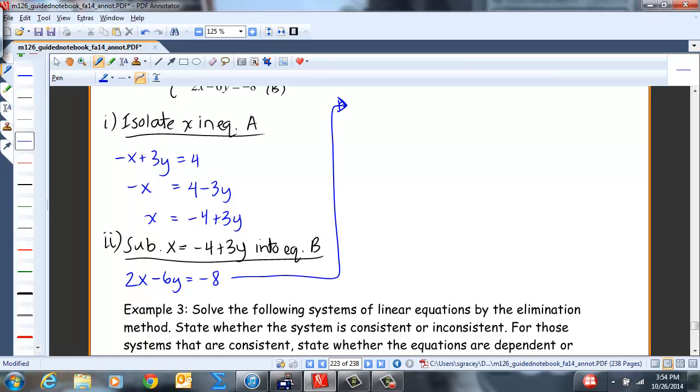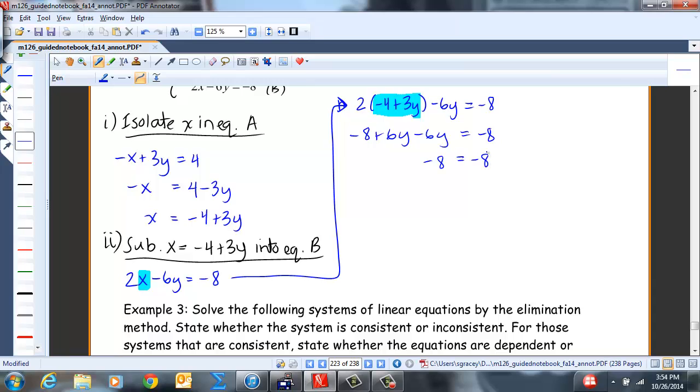So we'll have 2 times negative 4 plus 3y minus 6y is negative 8. For this x, I plugged in this expression. So this will give us negative 8 plus 6y minus 6y is equal to negative 8. So this one's a little tricky. The 6y's zero out, and you end up getting negative 8 is equal to negative 8.